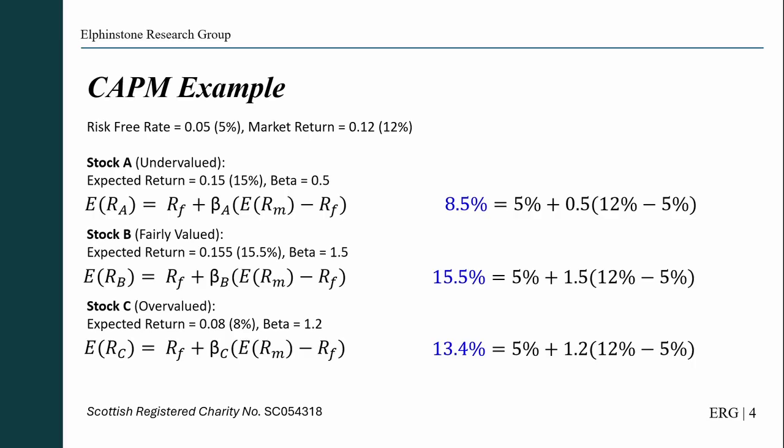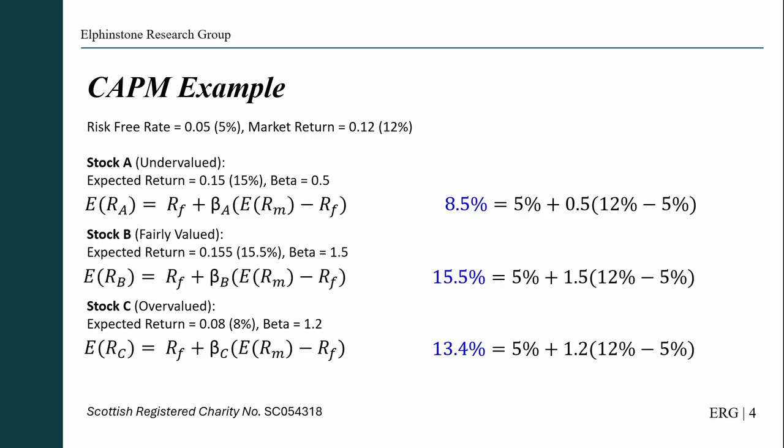When the expected return is less than the required rate of return, the stock pays less than the risk requires, hence why it's overvalued. And lastly, when the expected return equals the required rate of return, the stock pays exactly what the risk requires, hence why it's fairly valued.